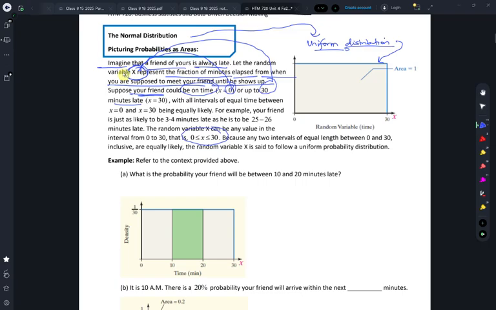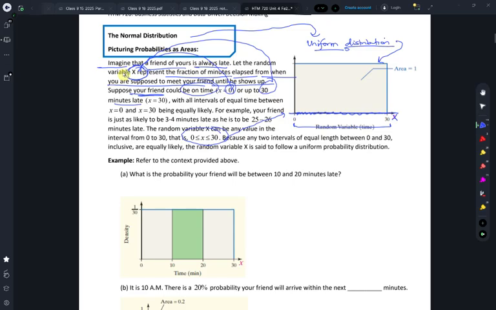In this picture, our x on the horizontal axis goes between 0 and 30 minutes late. Now, there are fractions of minutes in between 0 and 30: 1.5 minutes late, 2 minutes late, 7.3 minutes late, all kinds of fractional numbers.